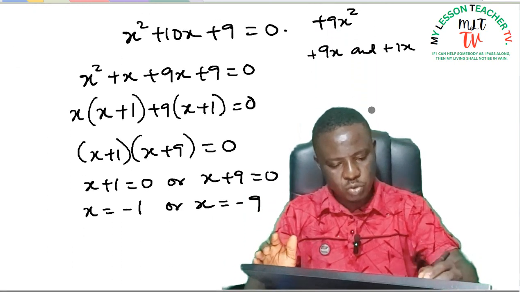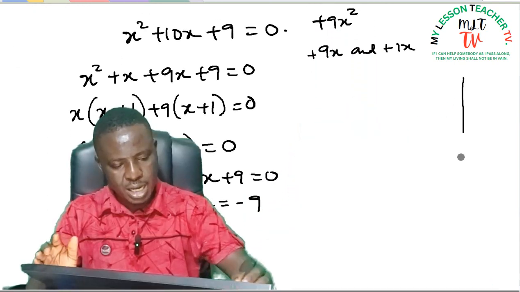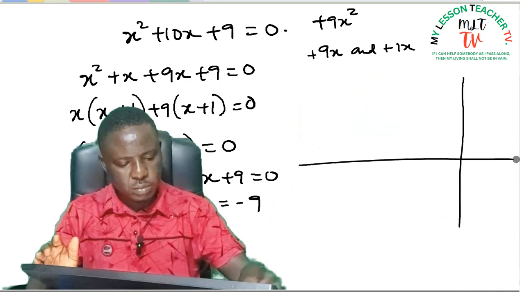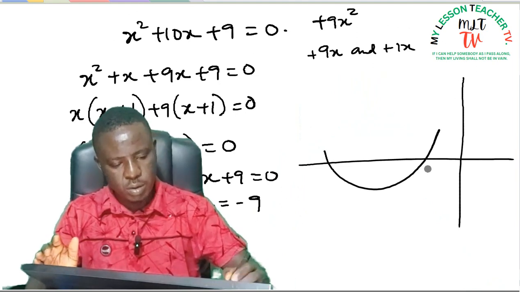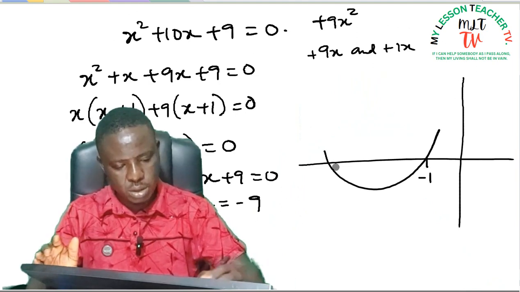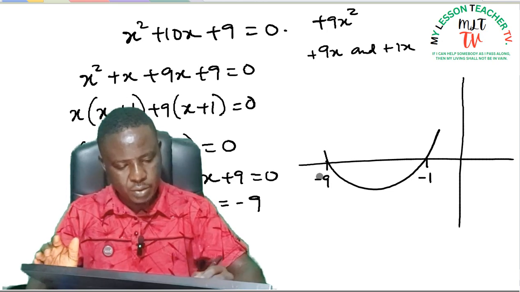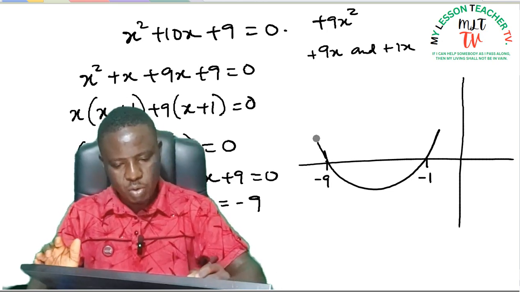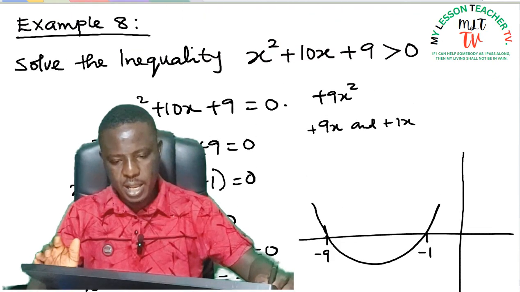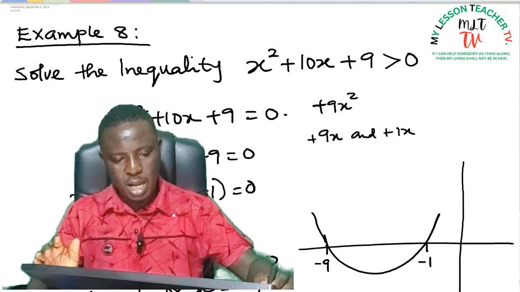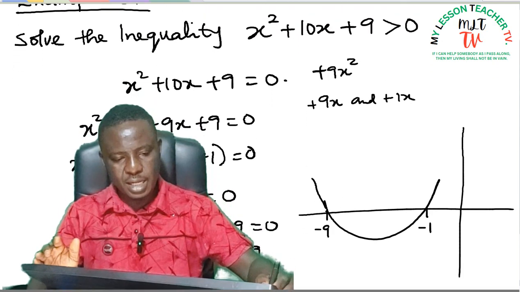So that is going to give us something like this, where this is minus 1 and this is minus 9 on the number line. So we are looking for the region where this parabola is greater than 0.